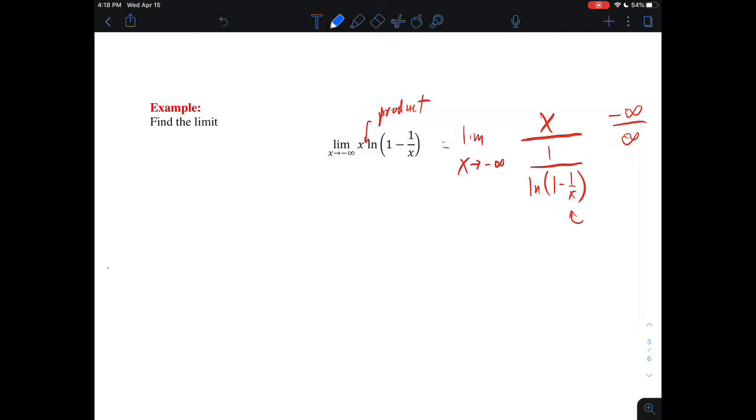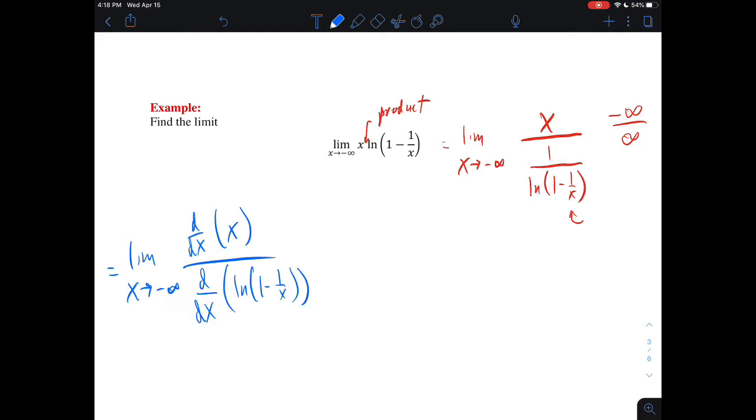I'm going to say that this limit is now equal to the limit as x approaches negative infinity. And I have to take the derivative of the numerator, so the derivative with respect to x of x, divided by the derivative with respect to x of the natural log of 1 minus 1 over x. This becomes the limit as x approaches negative infinity. The derivative of x is just 1.